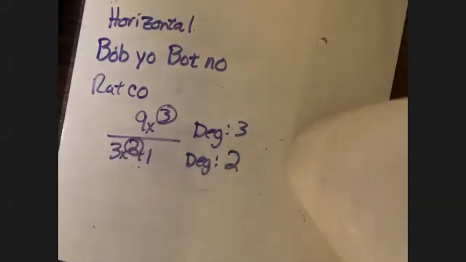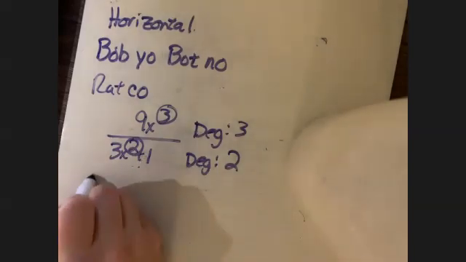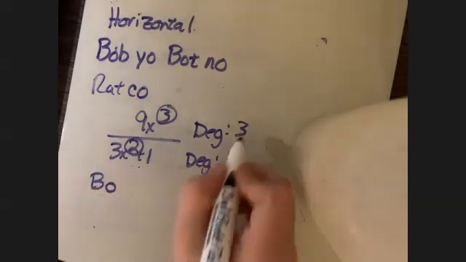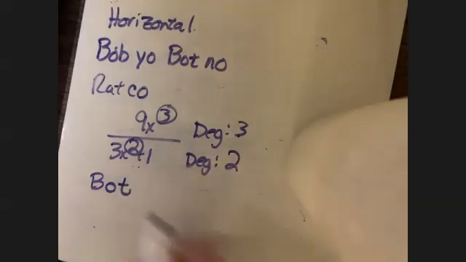And again, it's only the biggest power that we're looking at here. This is bigger on top. So there is no horizontal asymptote. Hopefully everybody's good with that one.